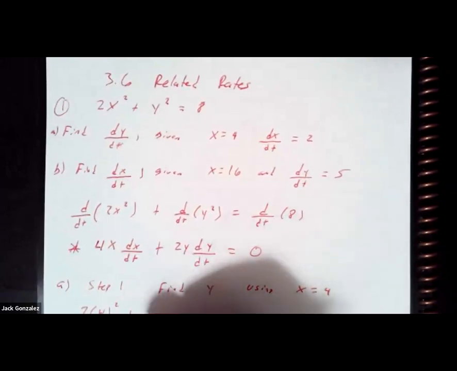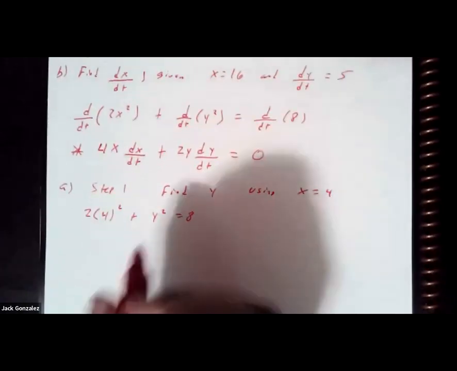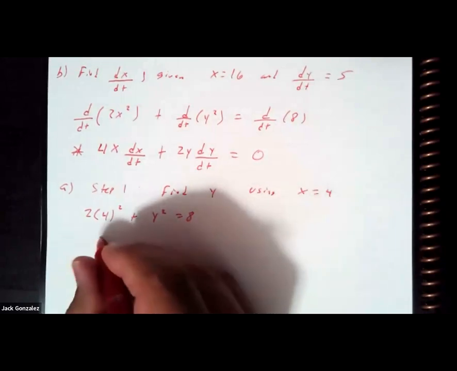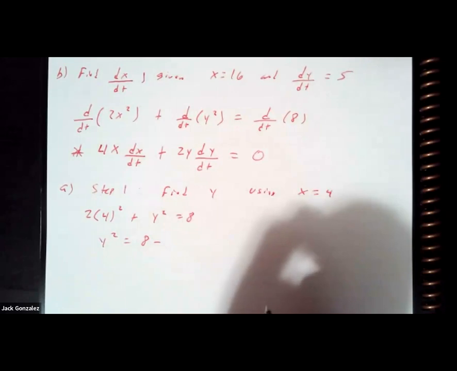I don't need parentheses. Equal to 8. So that would be 16 times 2, right? Minus, so that would be y squared equal to 8 minus, oh man, we're going to have a problem.